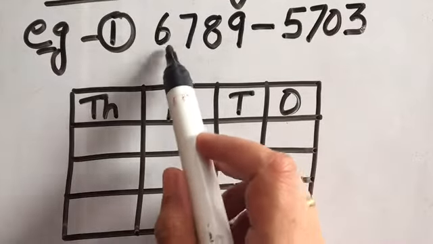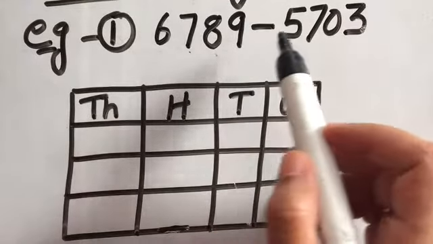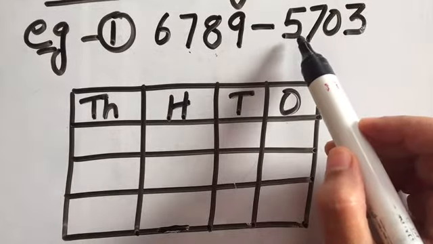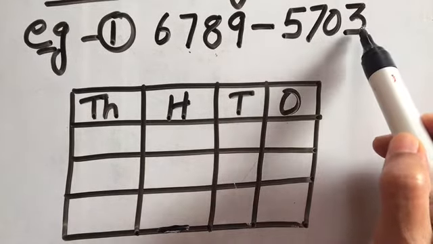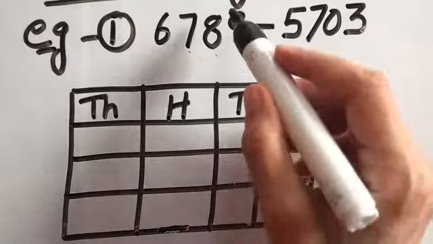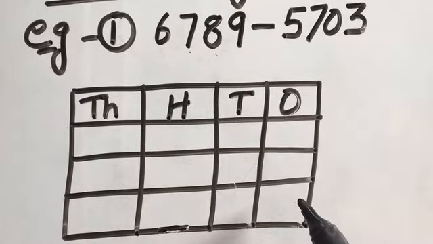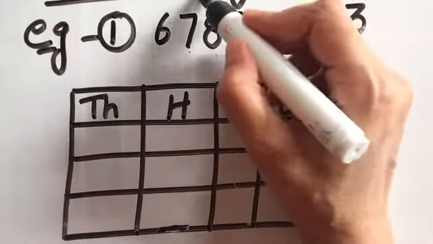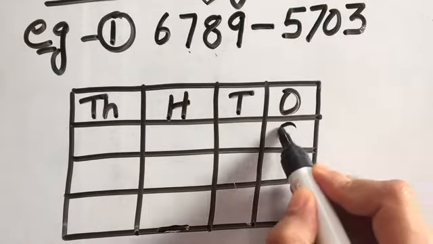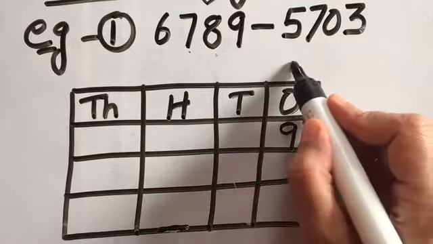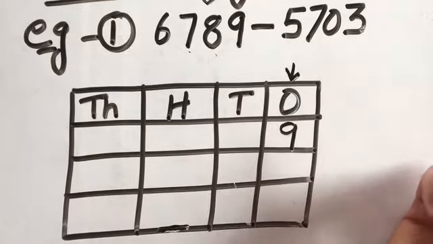Let's subtract 6789 and 5703. Fine. So let's start writing them in the place value chart, starting from the bigger number first. This is always start writing from the ones place.